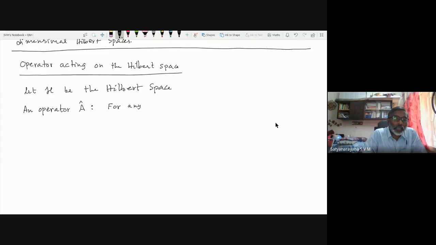We can talk about a functional space. So for any phi of x, I'm just going to continue with my one-dimensional thing. For any x in this Hilbert space, the operator will actually act on this function to change this function to some other function.